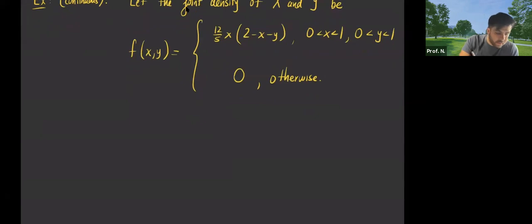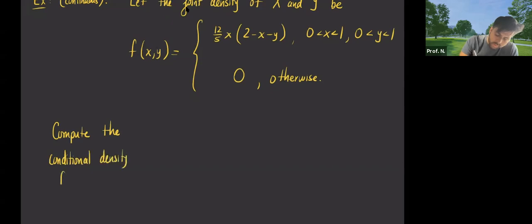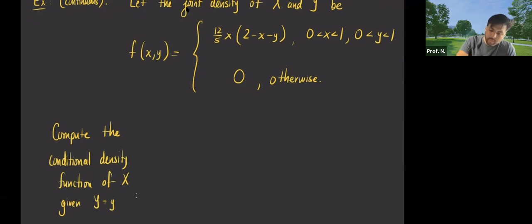And I want to compute the conditional density function of x given y equals a particular y value. So find a conditional probability of this. What I'm finding is f of x given y.